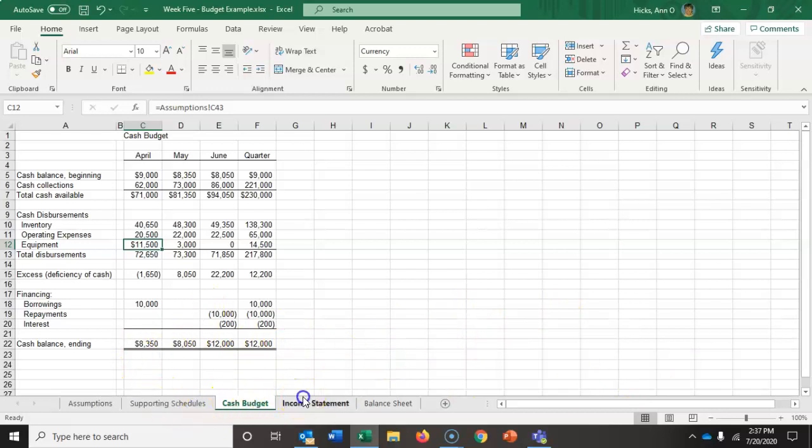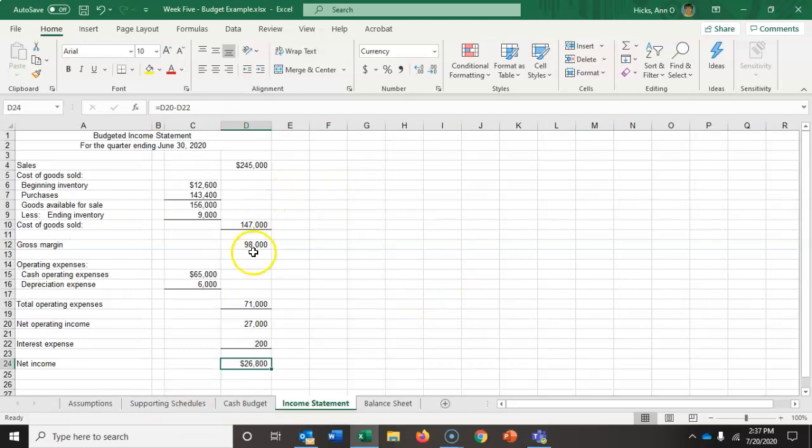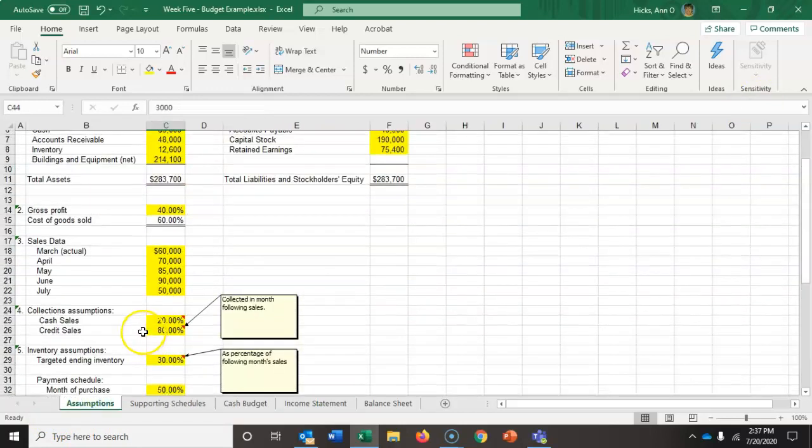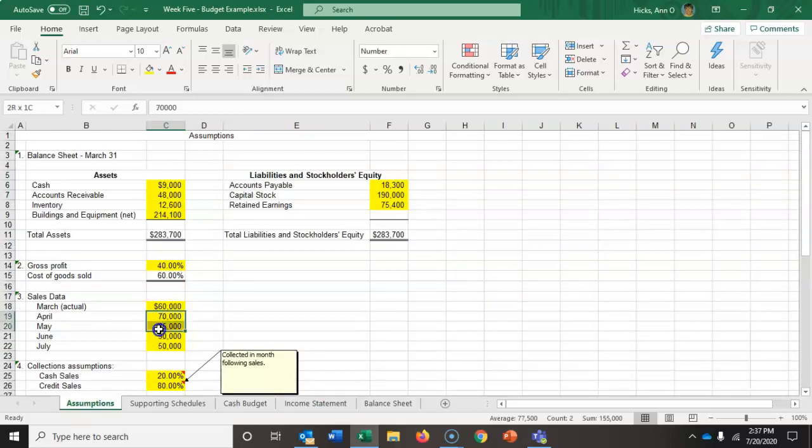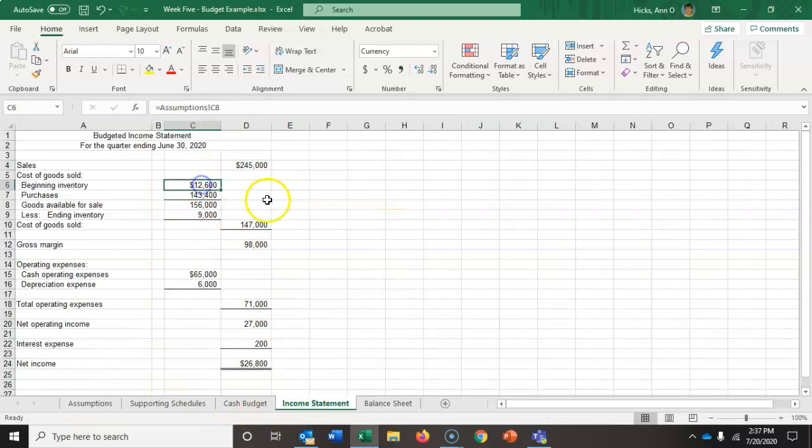All right, let's run through the income statement and the balance sheet. The income statement, our sales come straight from the assumption page. It's just a sum of April, May, and June sales. Beginning inventory came from the balance sheet, so we're calculating cost of goods sold. Beginning inventory came from the balance sheet from March 31.